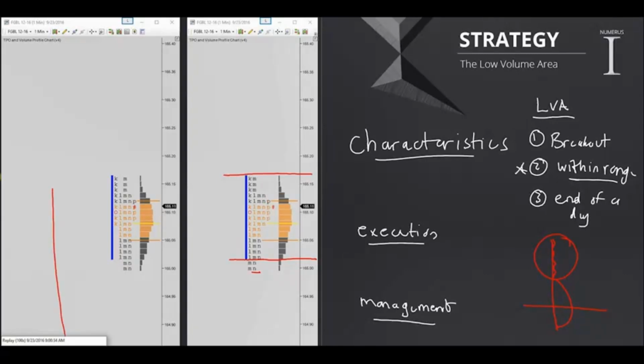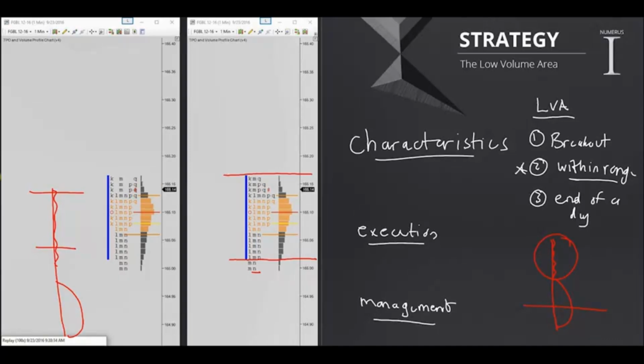So again, if I can illustrate the previous day's context. As you can see, the market is trying to fill in the low volume area from the previous day. And every time it comes in towards the low of the day, the market gets lifted quite easily and quite aggressively.